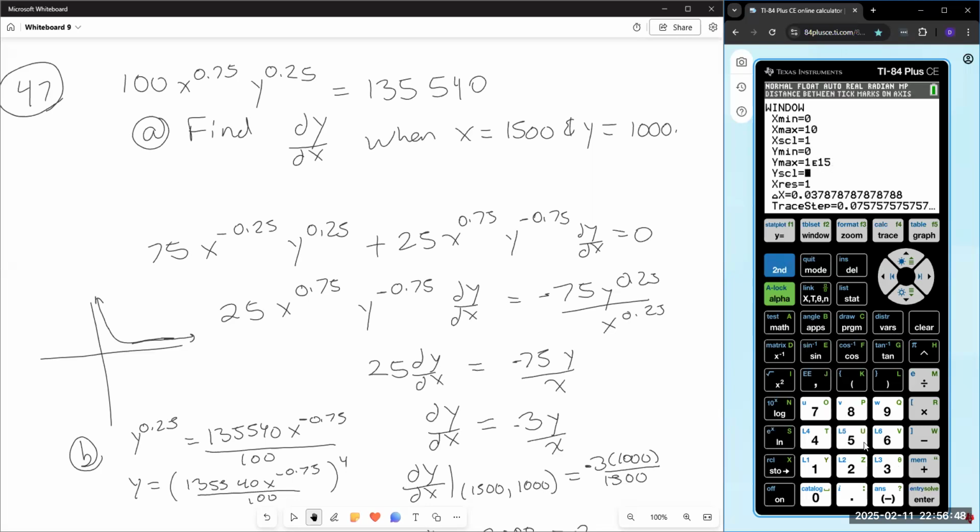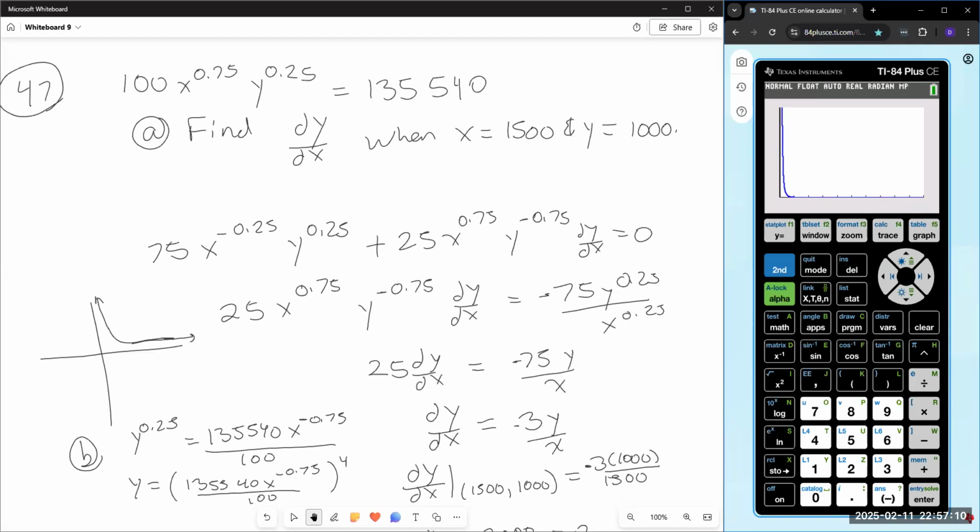And let's make the scale go by 10 thousandths, something like that. So you can see that it's an ever decreasing function like that.